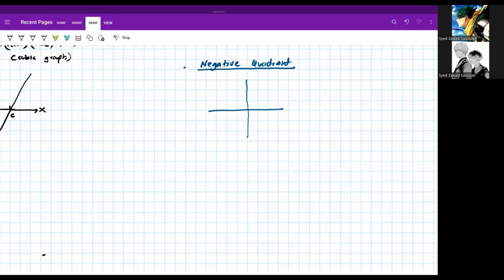So minus pi by 2, 0. This is minus 2 pi, minus 3 pi by 2. Okay, so that's that. That's how you think.